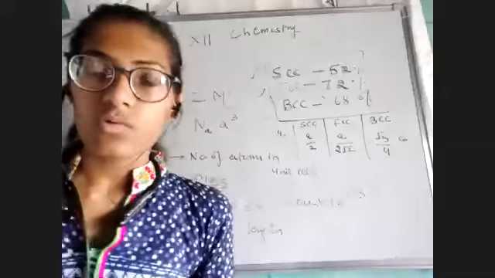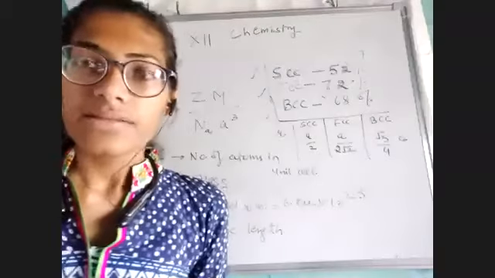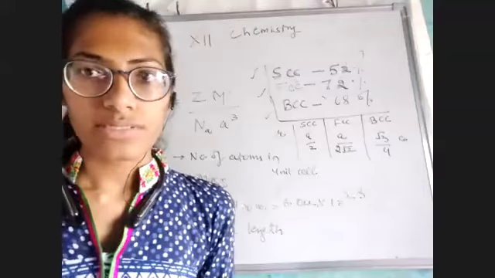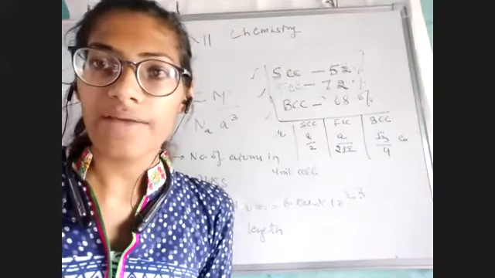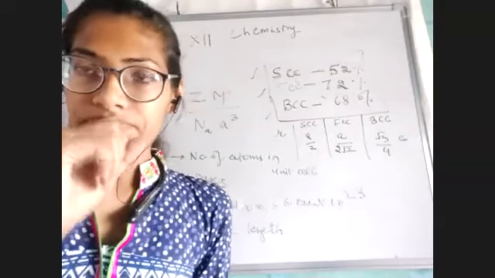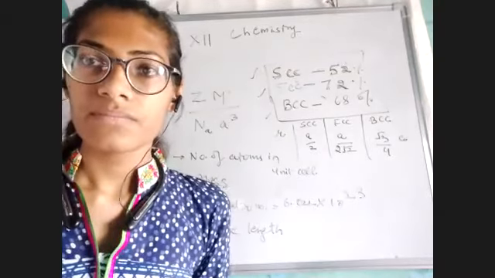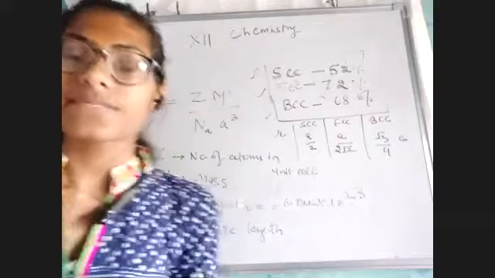Now we are left with only imperfections and the magnetic properties of the solid state. Okay, so let me just recapitulate and then we will have your doubts. Okay, let's start.